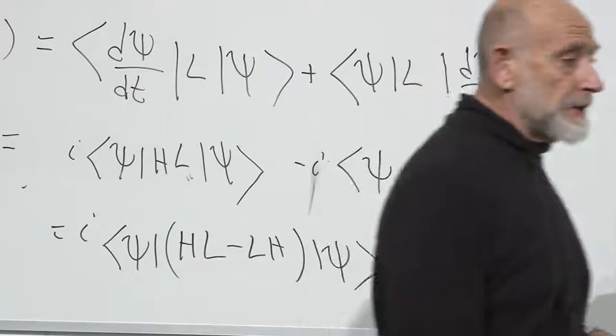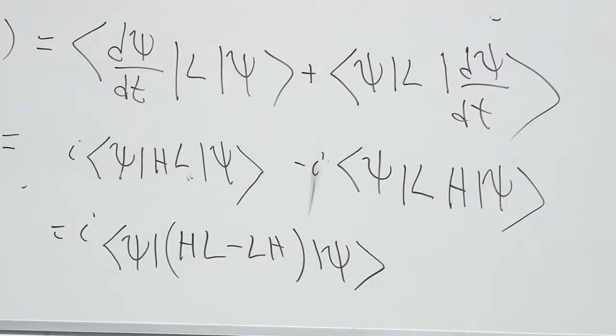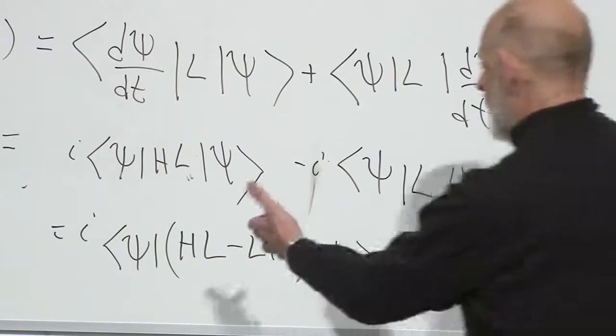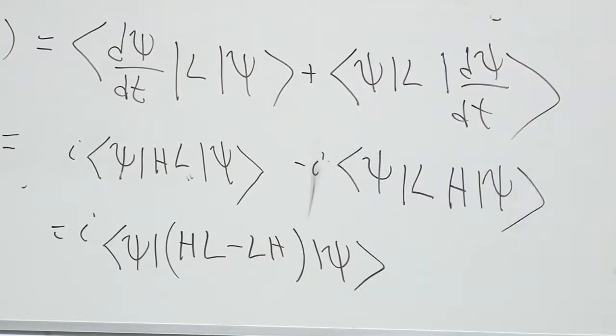How about HL minus LH? Is that 0? Why not? HL, who cares which way we order? Well, operators don't necessarily commute. Commute means that you can freely interchange the order of them. In general, this is true of matrices, products of matrices don't necessarily commute.